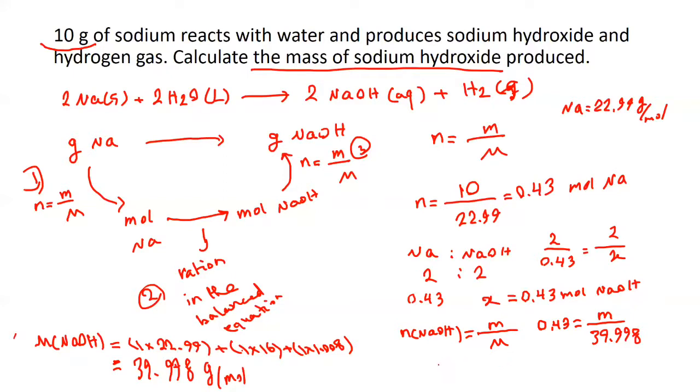As a result, the mass of NaOH is equal to 0.43 times 39.998, that is equal to 17.2 grams of NaOH.